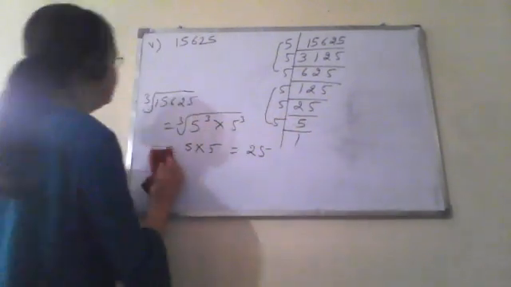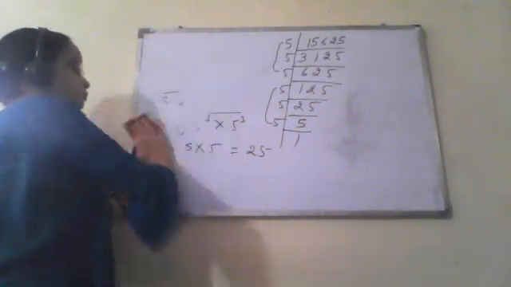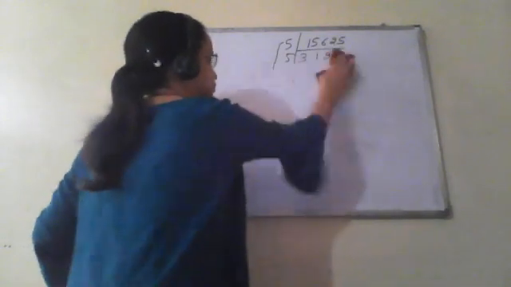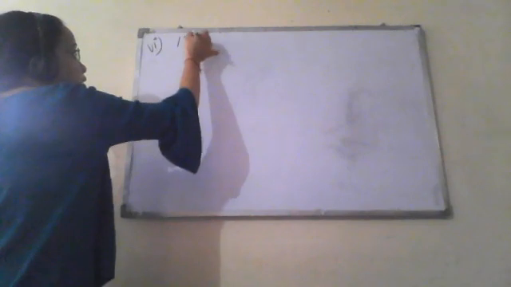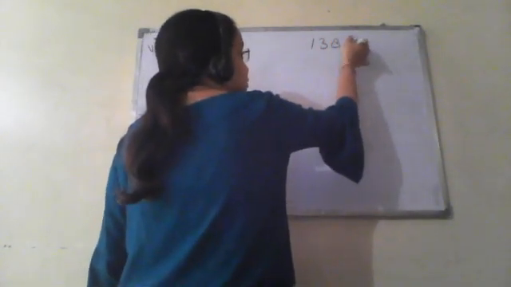Now next part, that is sixth part. Sixth is 13824. So prime factors for the same.